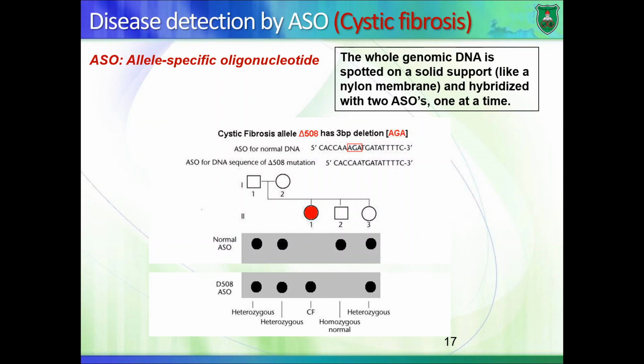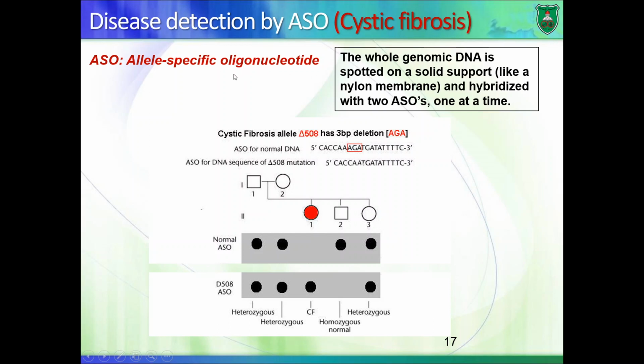Now normally, cystic fibrosis results from a deletion, that is removal of 3 nucleotides in a specific gene. So to determine if the family members are homozygous or heterozygous for that gene that has the deletion, we use what is known as an allele-specific oligonucleotide.